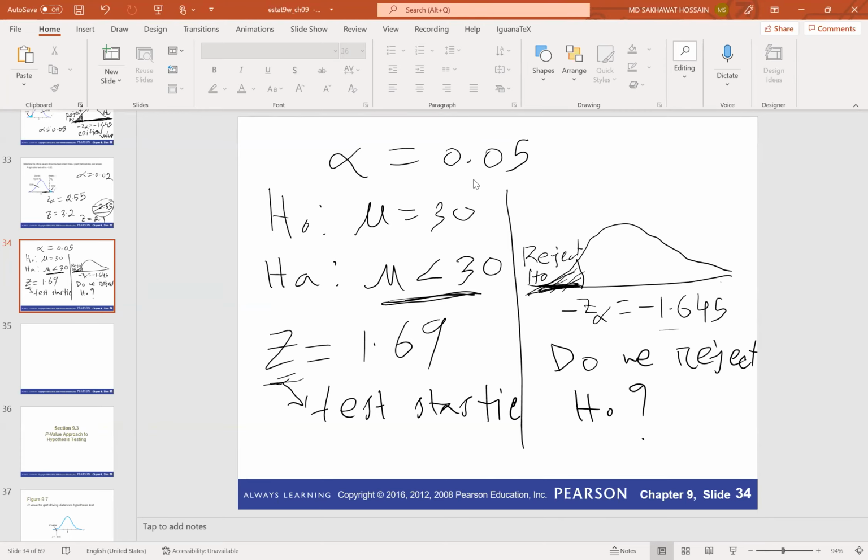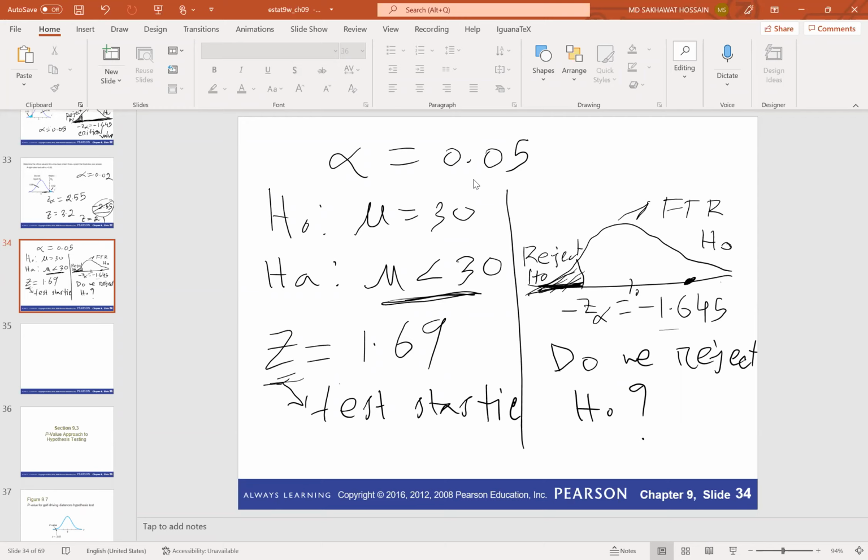If the test statistic is less than negative 1.645, then it will be somewhere here, right? But this value is 1.69. So this is 0, and 1.69 will be somewhere here, right? And this region is FTR, that means fail to reject null.